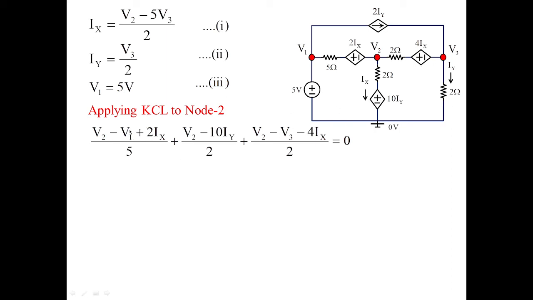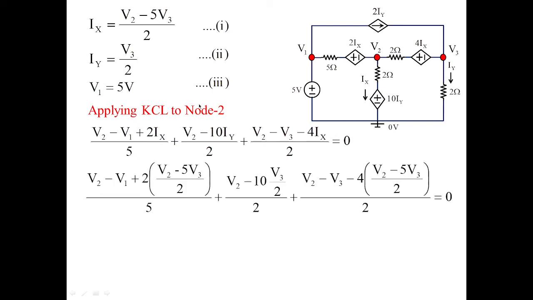In the first case, you can see plus sign is towards V1 and minus is towards V2, and that is why we have taken V2 minus V1 plus 2Ix. So that is the main difference you need to observe in this particular node equation. Now substituting the values of Ix, Iy from Roman letters 1, 2, 3 in the given equation.